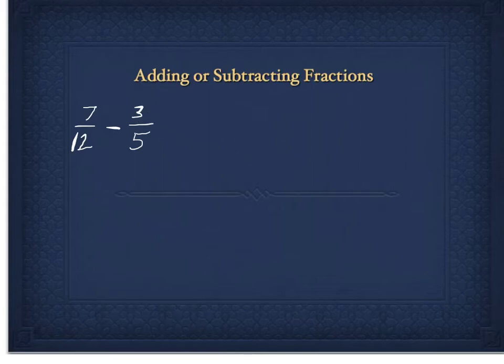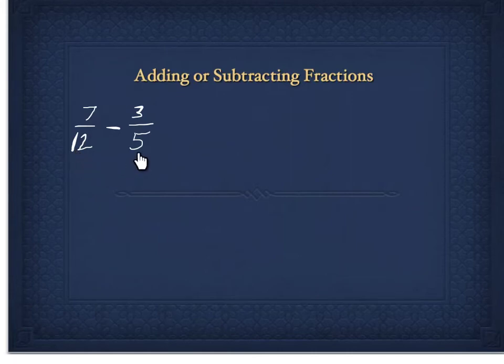Now if I want to subtract fractions, they have to be cut into the same amount of slices. Otherwise I can't add or subtract my numerators. So what you want to do is look at 5 and look at 12, and ask yourself, what could I do to re-slice those pizzas so that they have the same number of slices?